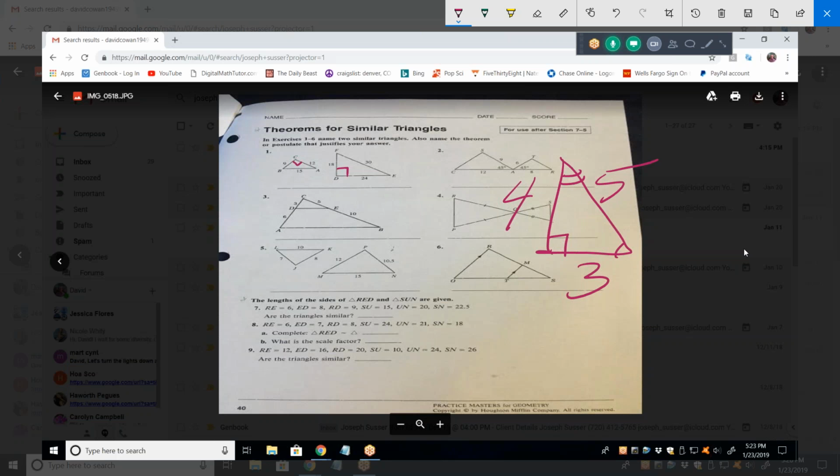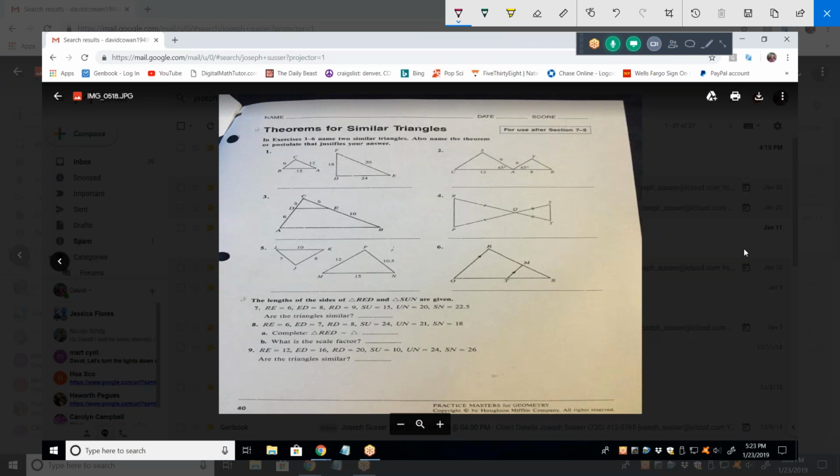What's the similarity ratio between these two triangles? In number 1? Yeah. 1 to 2. 1 to 2, or 2 to 1 if you're going big to little. Okay. Let's look at number 2.